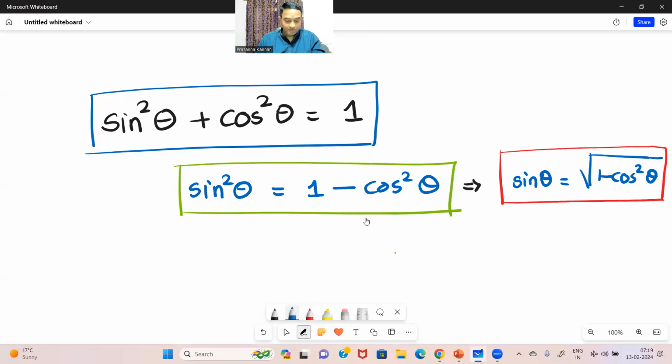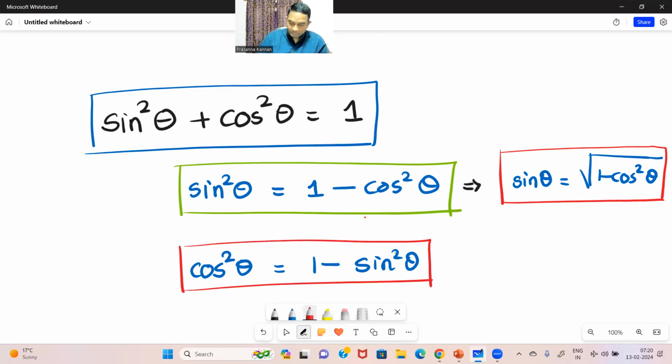Now, instead, I will keep cos square theta here and take sin square theta to that side. So what do I get? Cos square theta is equal to 1 minus sin square theta, correct? Now, if I take the square root on both sides, cos theta is equal to the square root of 1 minus sin square theta.